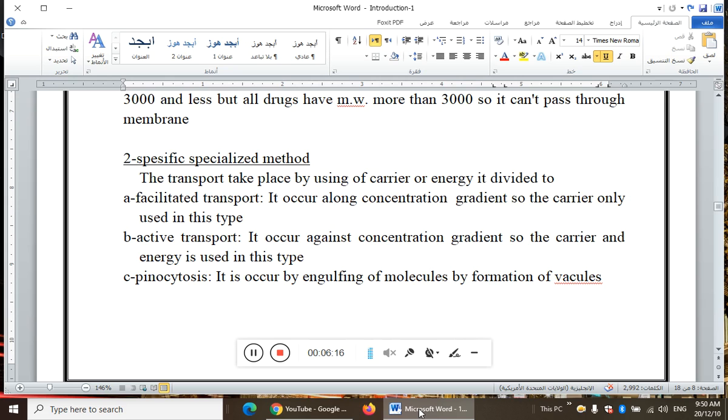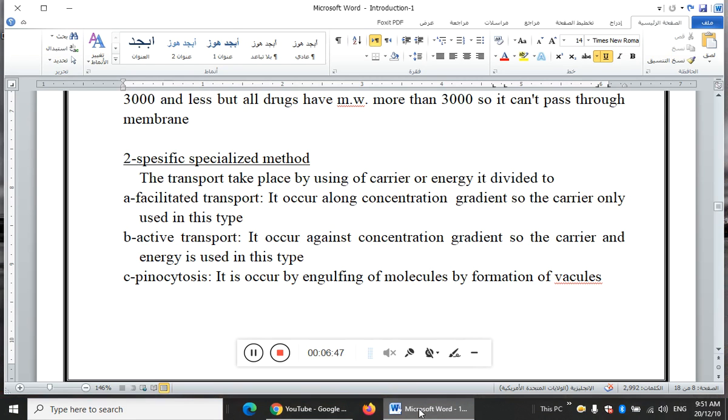It is divided into facilitated transport and active transport. Facilitated transport occurs according to the concentration gradient, which means the material is transported from the high concentration to the low concentration.